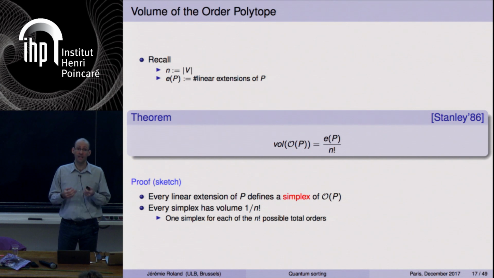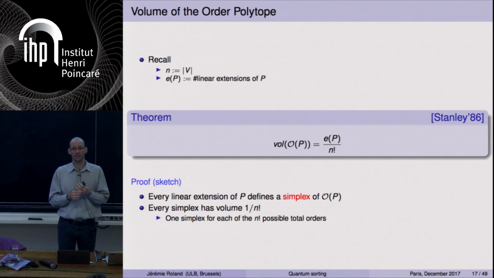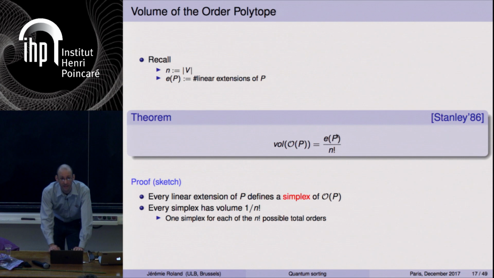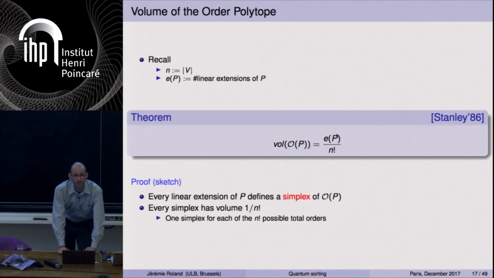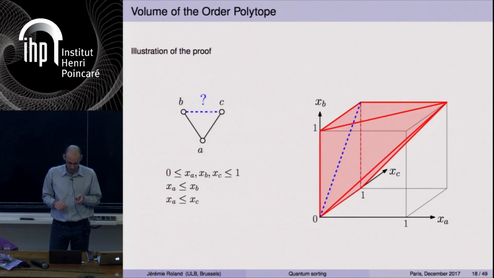So we have factorial of n different simplices, and the volume of the hypercube is 1, so the volume of each simplex should be 1 over factorial of n. Each simplex has a volume 1 over factorial of n, and the order polytope consists of exactly E of P of these simplices. So you get that the volume of the order polytope is E of P divided by factorial of n.